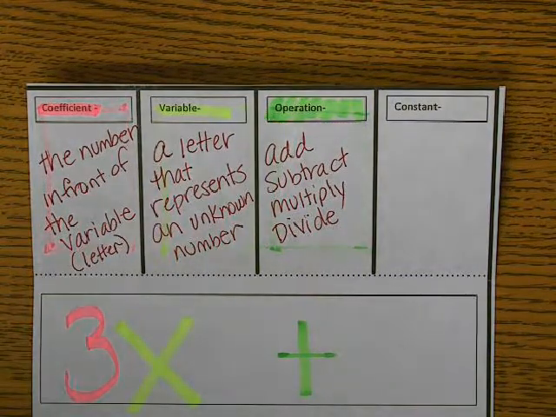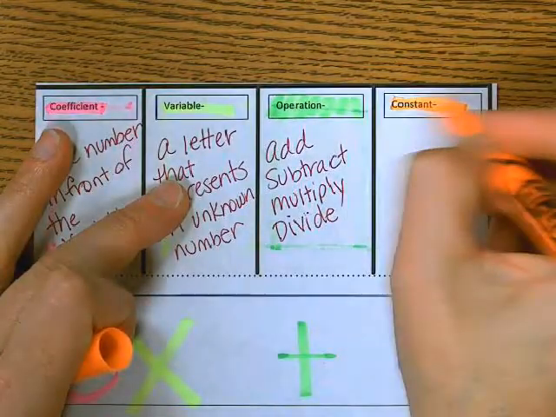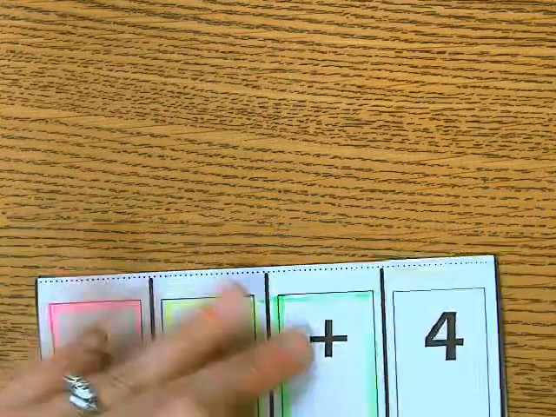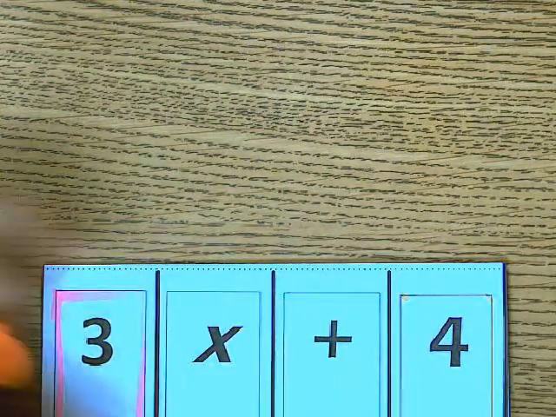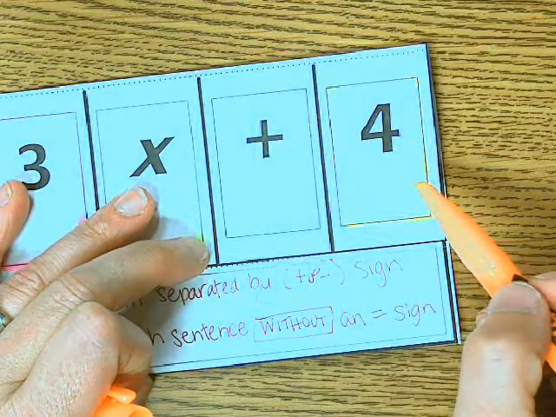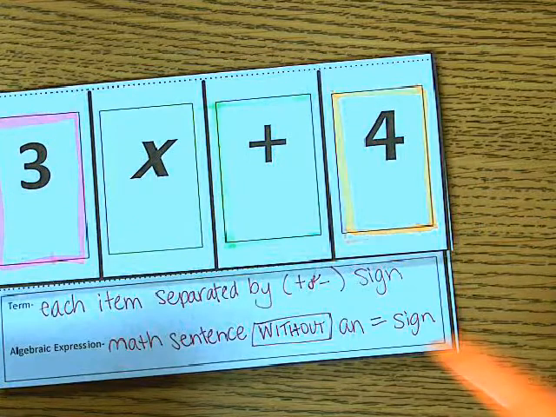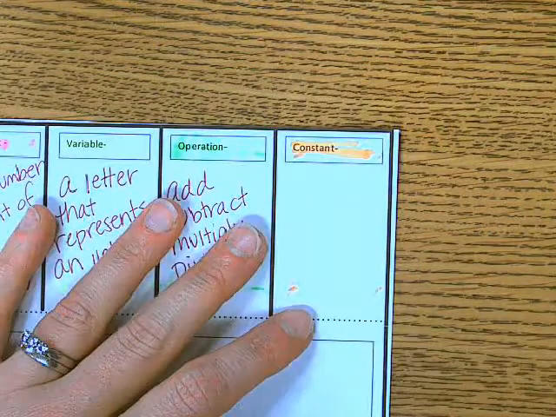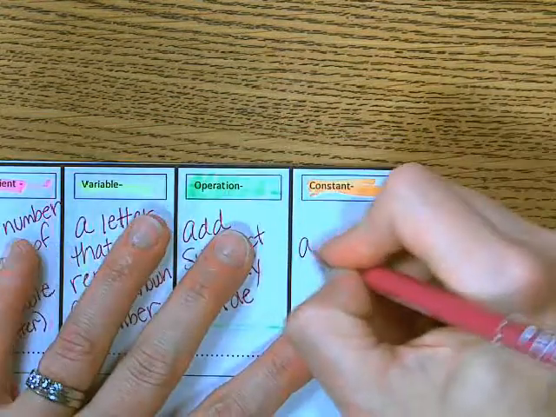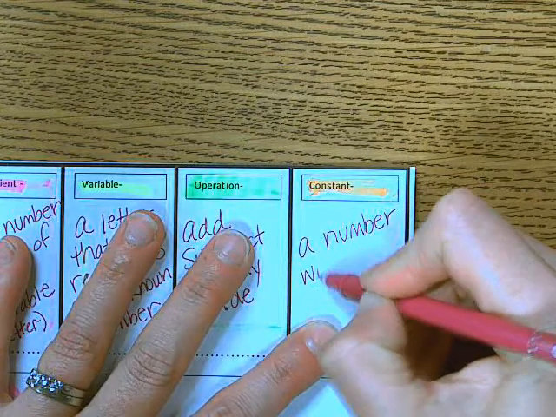And lastly, we have a constant. Okay, constant. So here our constant is 4. I just colored it orange, but it's going to take a couple of seconds to focus. So the constant is orange. And a constant is literally just a number without a letter.